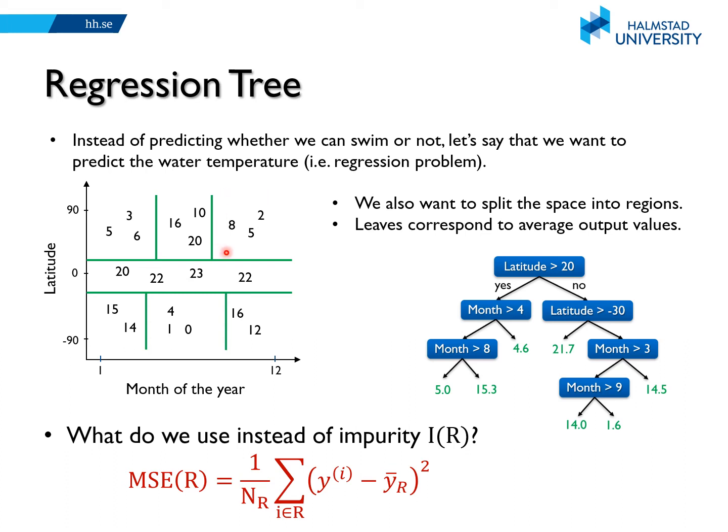For example, if we take this region, then we're talking about those values. And this y bar R is the average output in the region R, so the average of those values. So basically this is the difference between each output in that region and the mean output in that region. So that's what we use instead of the impurity.